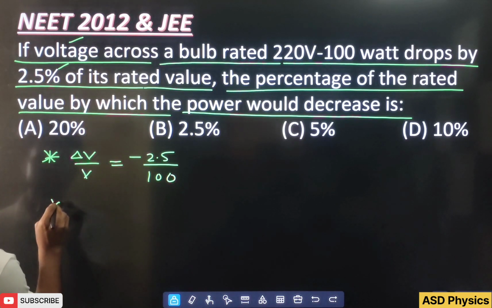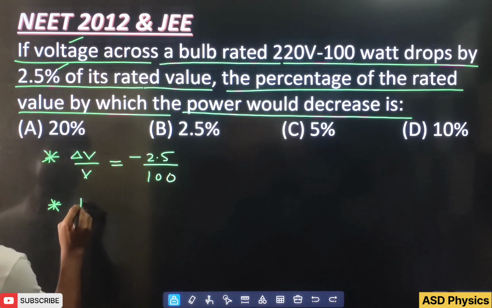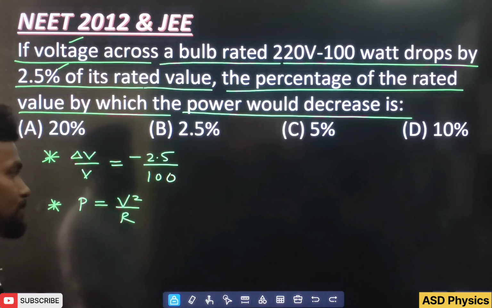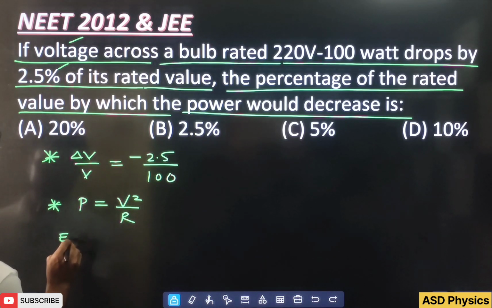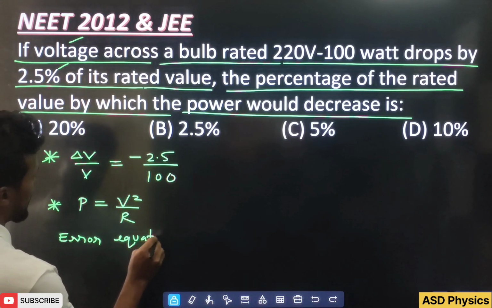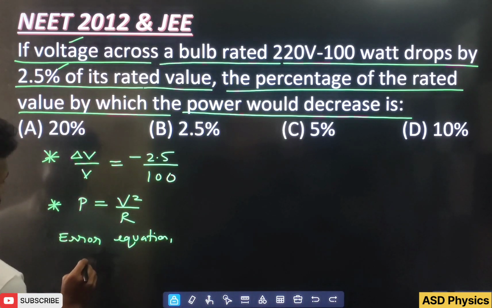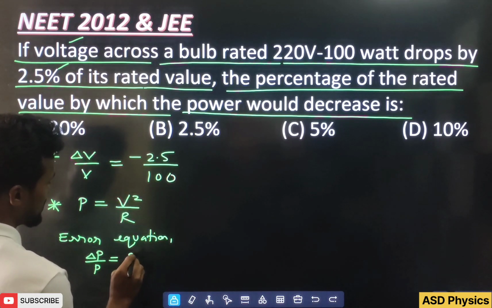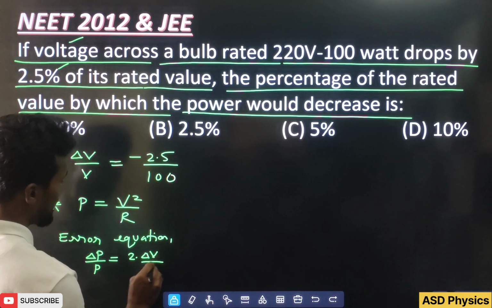Next we will use the formula P equals V square by R, and from here I will write the error expression. In the units and measurement chapter, we know that this error equation is given by delta P by P equals 2 times delta V by V, since P goes with V square.